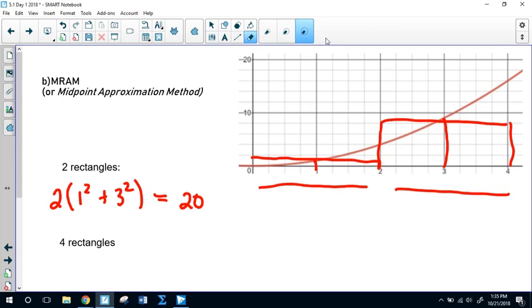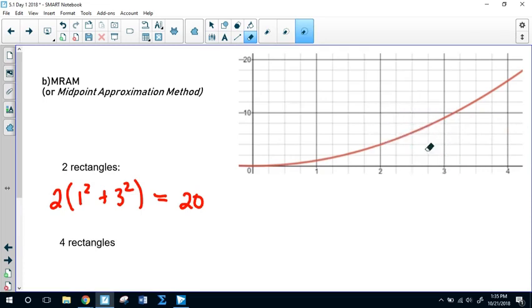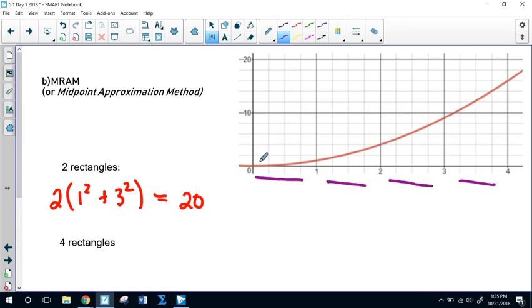So here's where it gets a little tricky when we want to use 4 rectangles, because we're going to have to use fractions. My widths are 1 again, so that is nice. And then for each of these, the heights are going to occur in the midpoint between 0 and 1, 1 and 2. So I'm going to write them over here. My first height is going to occur at 1/2 squared.